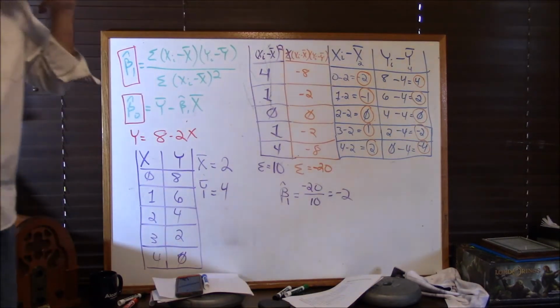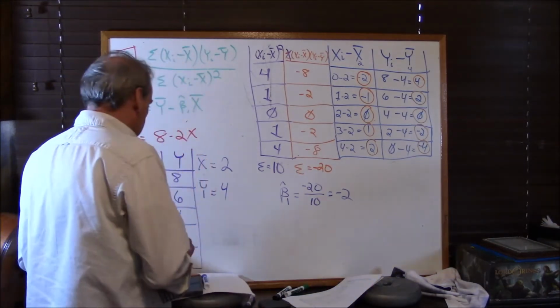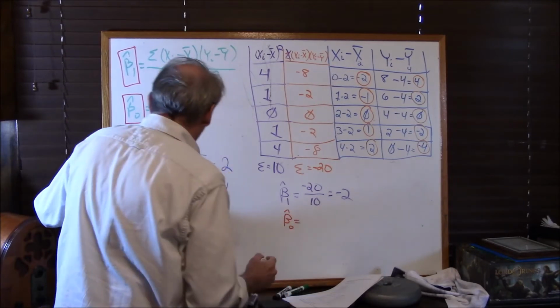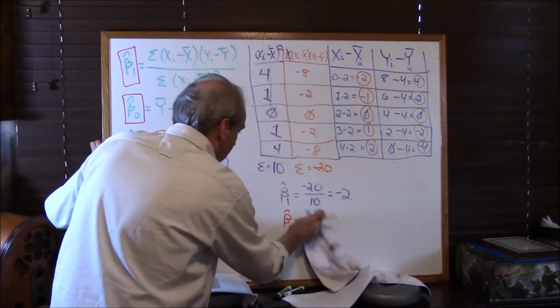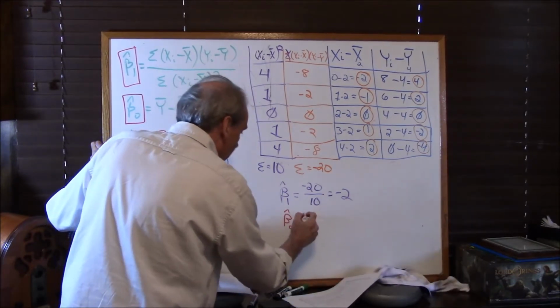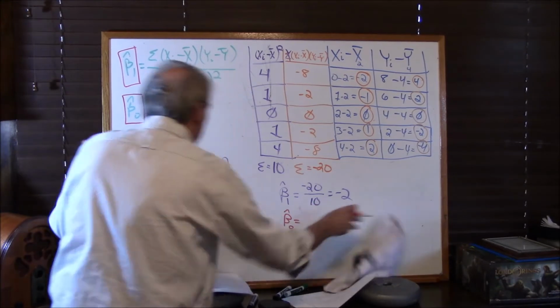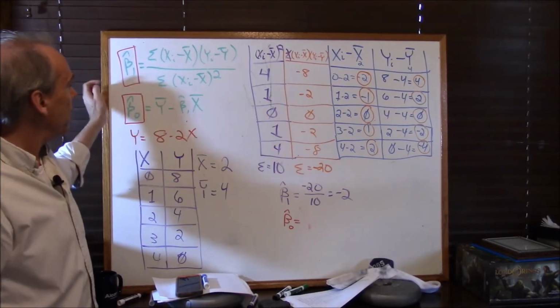It works, right? And the last thing to do is to figure out beta hat sub 0, which should be equal to the average y minus beta sub 1 times the average x. I'm just going to write it out. Well, no, let me do it this way. The average y, nah, you're an idiot, John, because you've got it written down over here. Average y minus beta sub 1 times the average x.